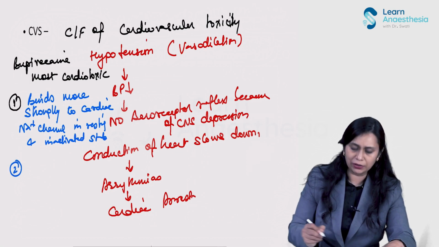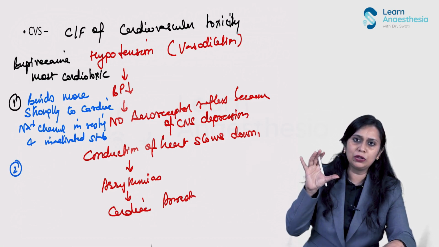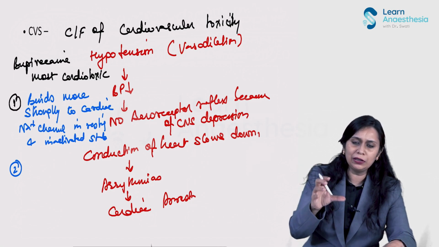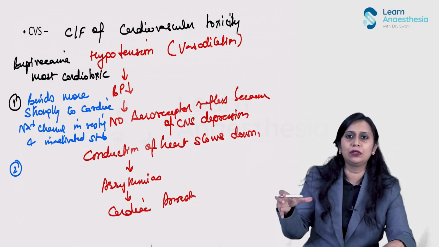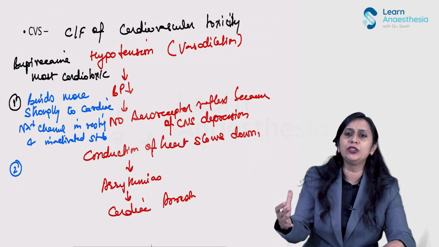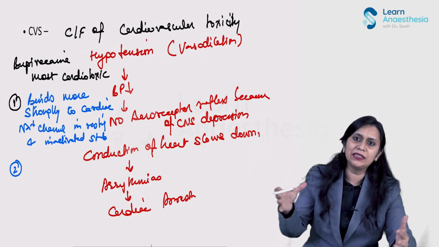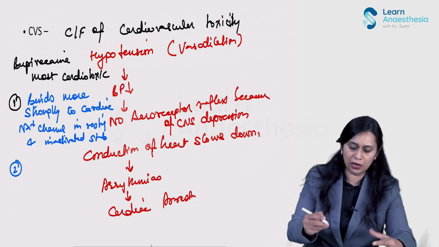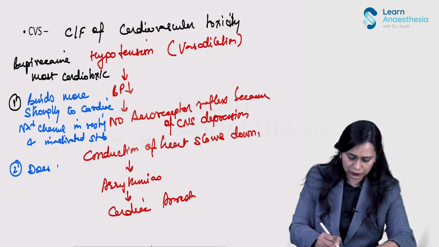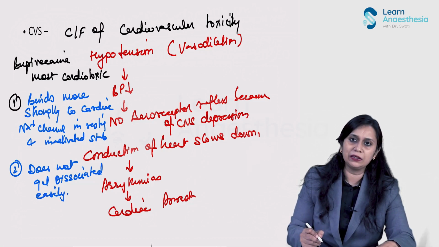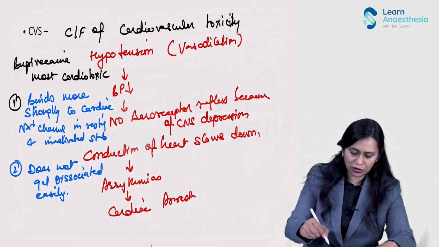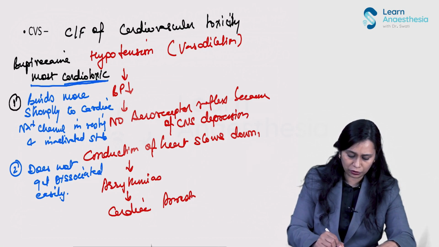Most drugs bind to the sodium channel of the heart during systole and dissociate during diastole. Bupivacaine does not dissociate during diastole, and more bupivacaine starts accumulating in the sodium channel of the heart. It does not get dissociated easily, right? Because of this, it is the most cardiotoxic.